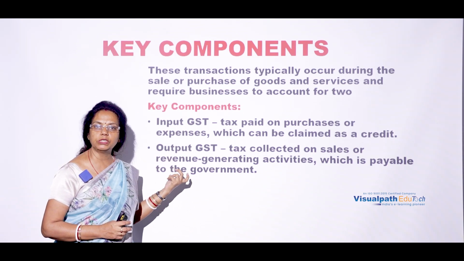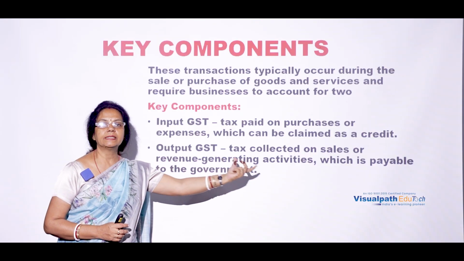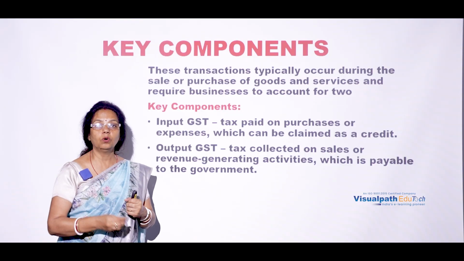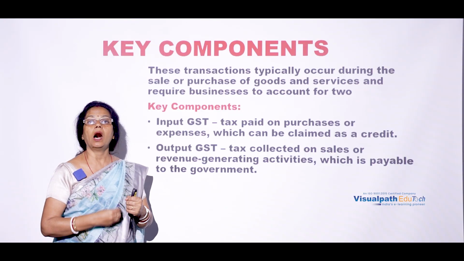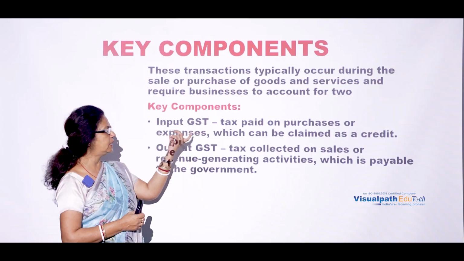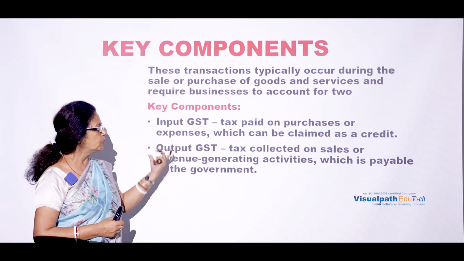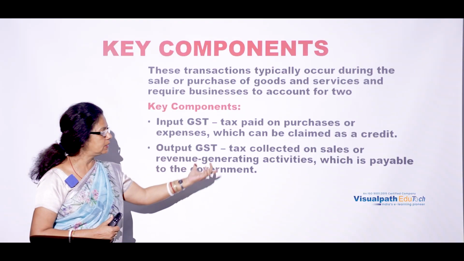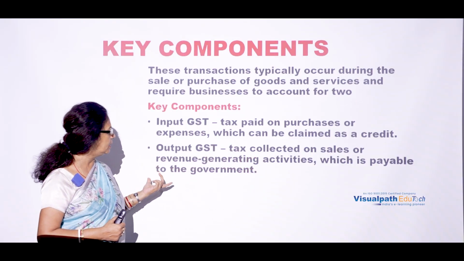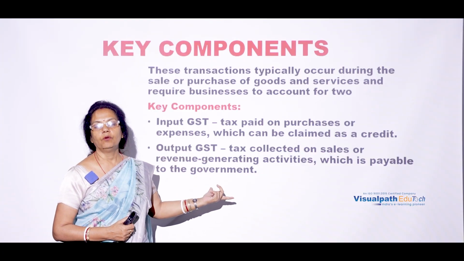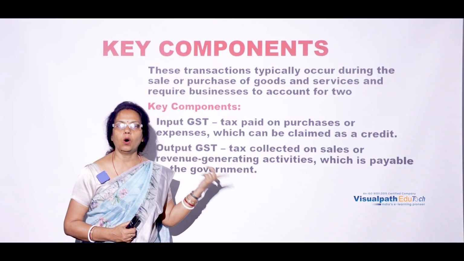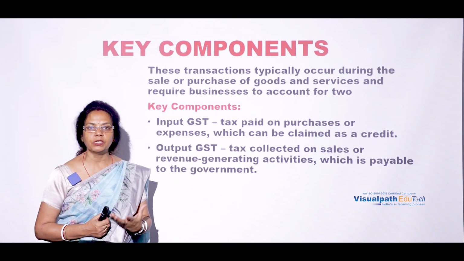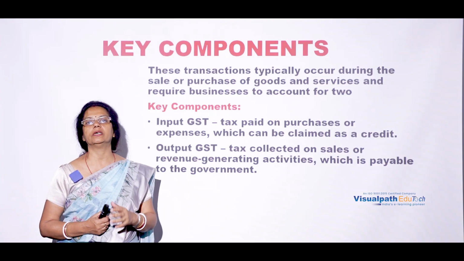And in case of output GST, it always relates to the sales of goods, when goods go out from our hand, which is known as outward. As I told you already, this is inward, this is outward. So here the tax is collected on sales, on the revenue generating activities, and is payable to the government. Once we sell the commodity in the outside market to the customers, whatever amount of money we receive always includes our GST.